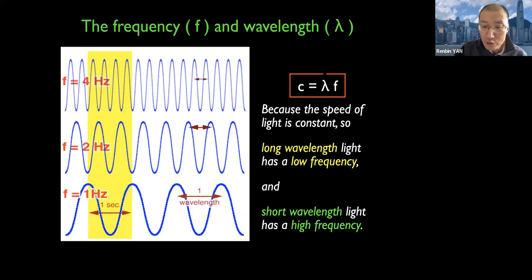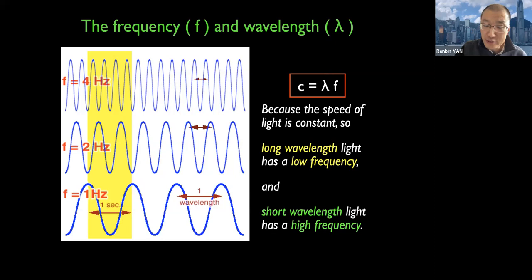When you have a shorter wavelength, you're going to have a higher frequency, because the product of these two quantities is a constant. When you multiply lambda with f, you get a constant c, and this c is equal to 3 times 10 to the 8 meters per second, or 300,000 kilometers per second. So that is a constant.